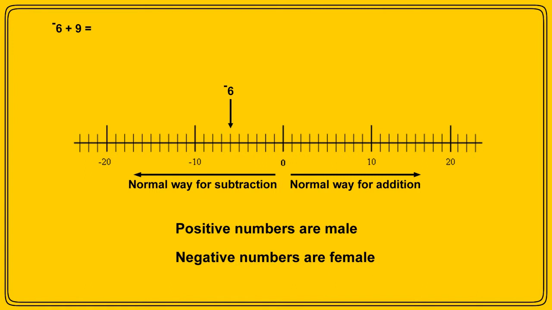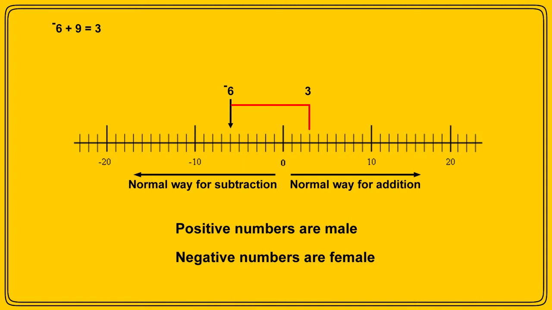The operation is add, so we naturally want to go to the right. The second number is positive, and positive numbers are male, remember, so there's no need to change your mind. Simply go 9 places to the right, and that brings you to 3, positive 3 that is, on the number line. So -6 plus 9 is positive 3, which is probably what you'd already guessed.